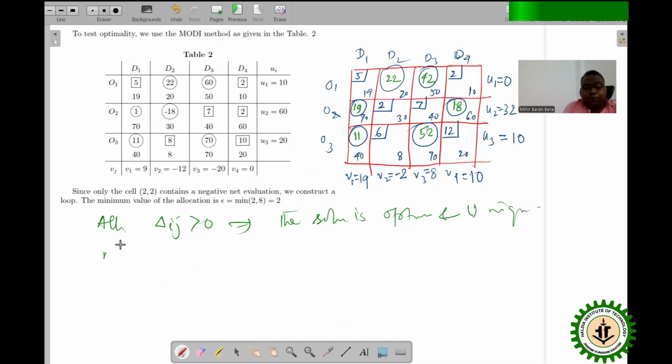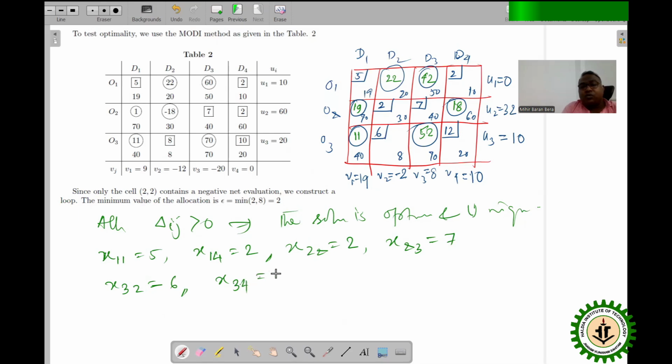The solution will be x11 equals 5, x14 equals 2, x22 equals 2, x23 equals 7, x32 equals 6, and x34 equals 12. And by just calculating, you are able to find out the transportation cost.